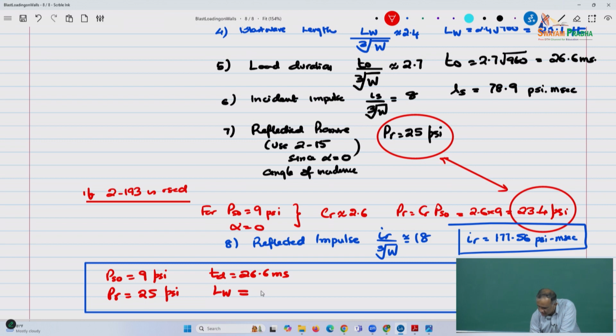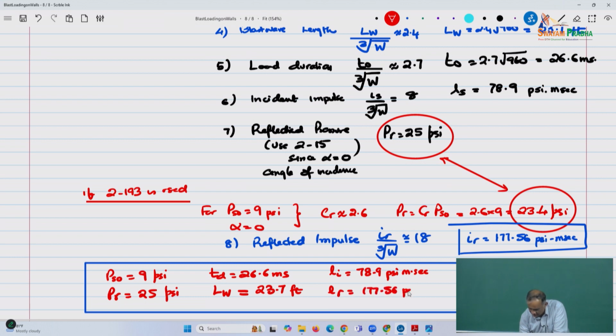How much was this? 23.7 feet. And incident impulse is 78.9 psi milliseconds. Also get familiar with numbers, used to numbers. Reflected impulse is 170.